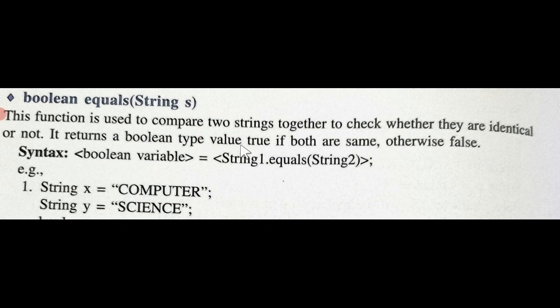It returns a Boolean type value true if both are same, otherwise false. Then Boolean variable equal to string1 dot equals string2. There is the syntax. Please practice this. And then after that, we have string x equal to computer, and y has got science.